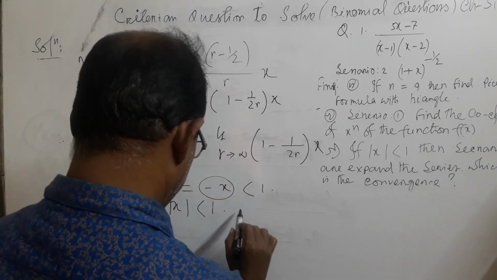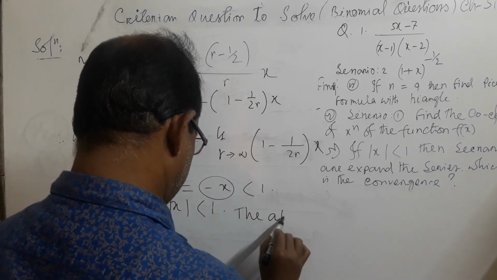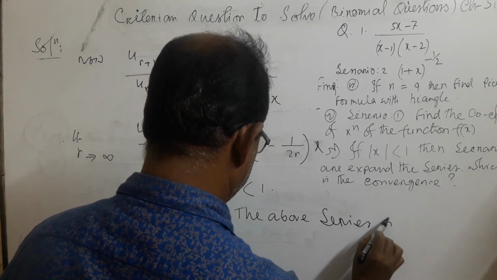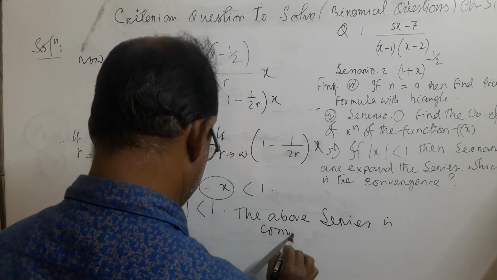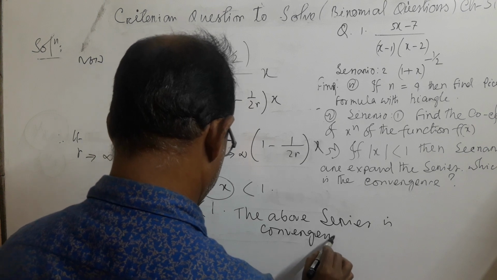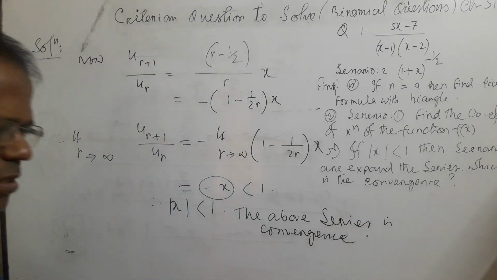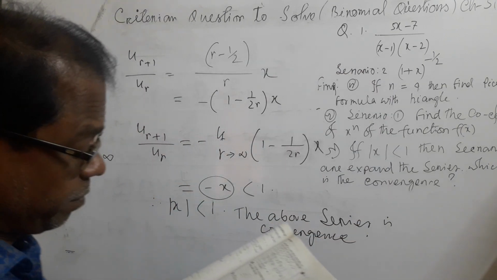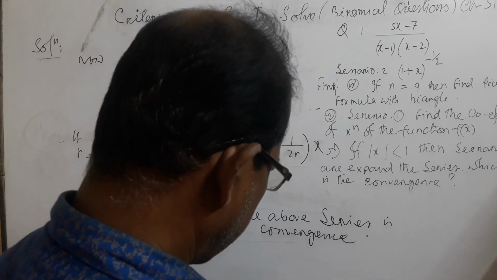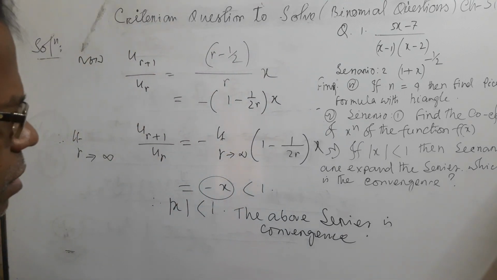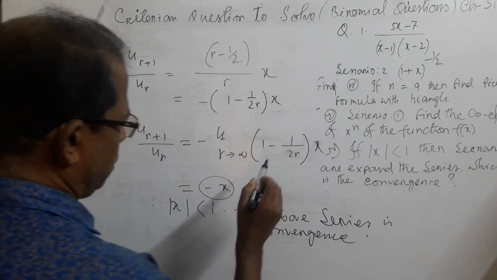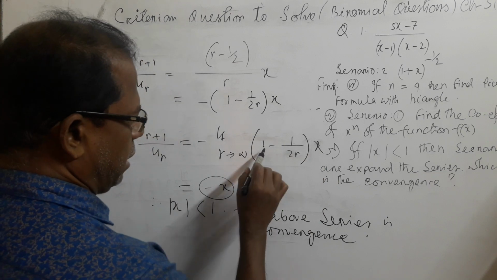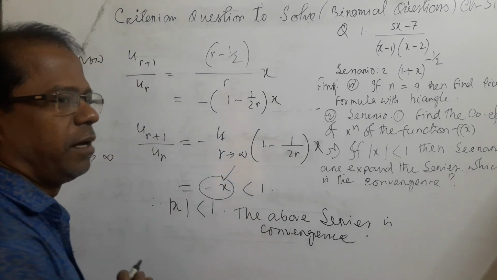That's why the above series is convergent. The series is convergent because this series takes any values, 1 minus 0 into x, that's why the result is minus x.